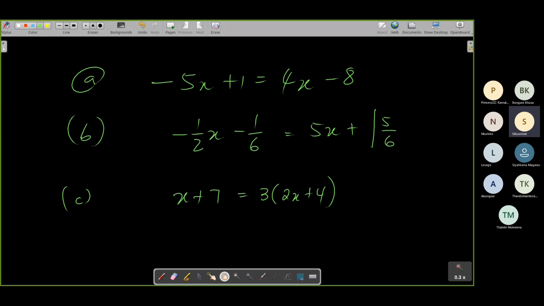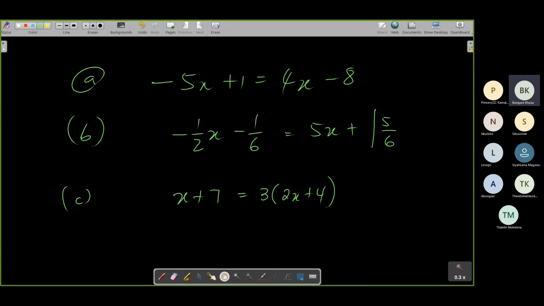Okay, you're stuck with B. All right, so here we are dealing with fractions. Still, this principle is the same.